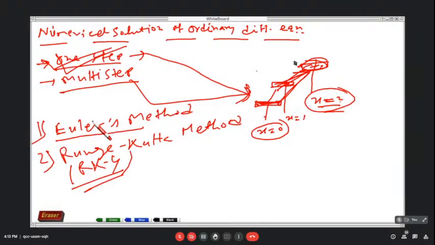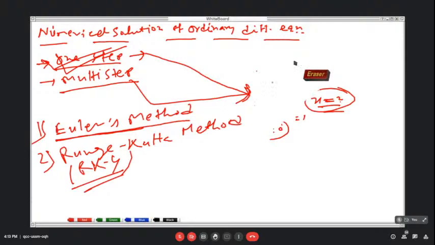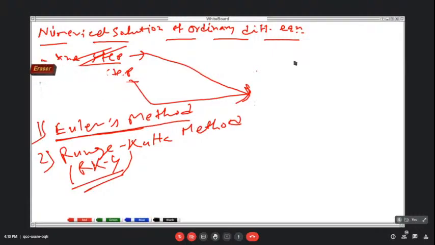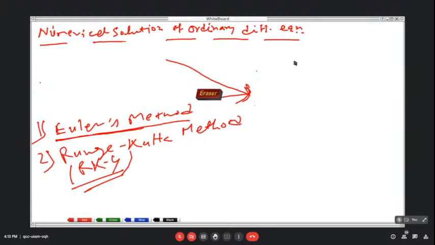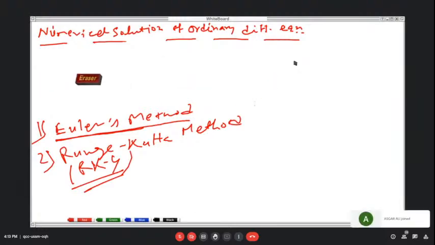So for Euler's method, let's start discussing what exactly this method is. This Runge-Kutta method is also based on Euler's method, but with some modification, some advancement.